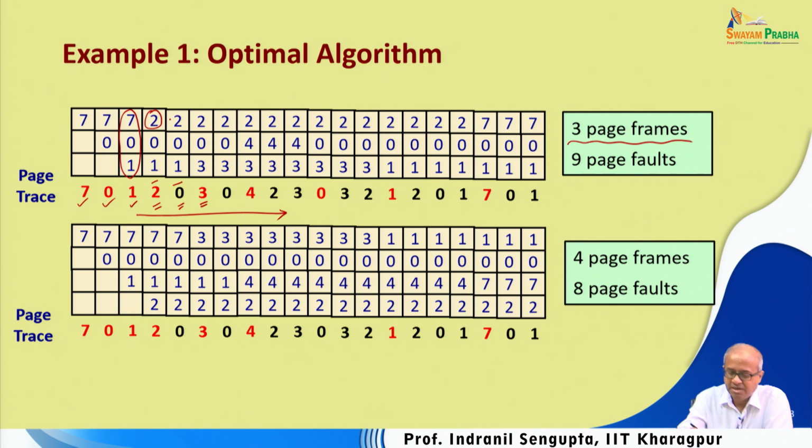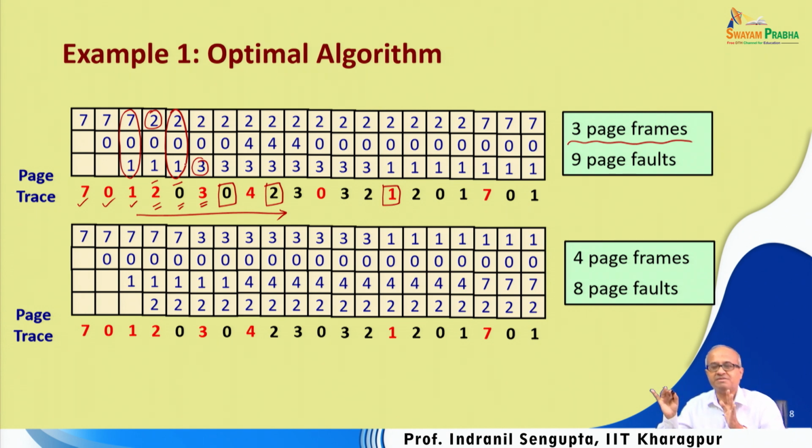Now, the question is, out of 2, 0, 1 which will be the victim? Look into the future, I mean, where is 2, where is 0, where is 1? 0 is here, 2 is here, 1 is here. So, 1 is furthest down. So, replace 1 and bring 3 in its place.